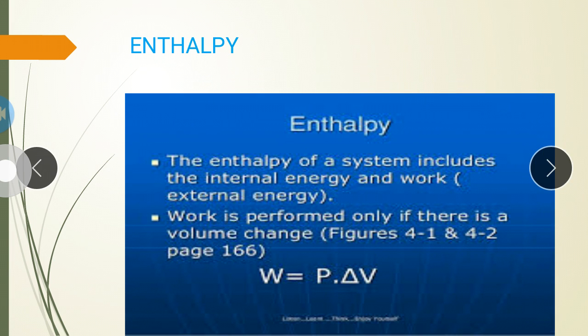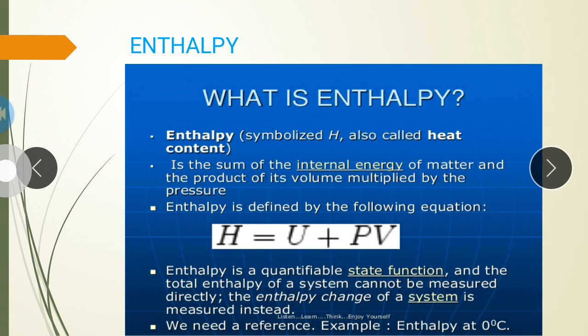So enthalpy of a system includes the internal energy and work. So H is equal to U plus PV. This U is the internal energy and PV is sometimes termed as P delta V, pressure into the change in volume.